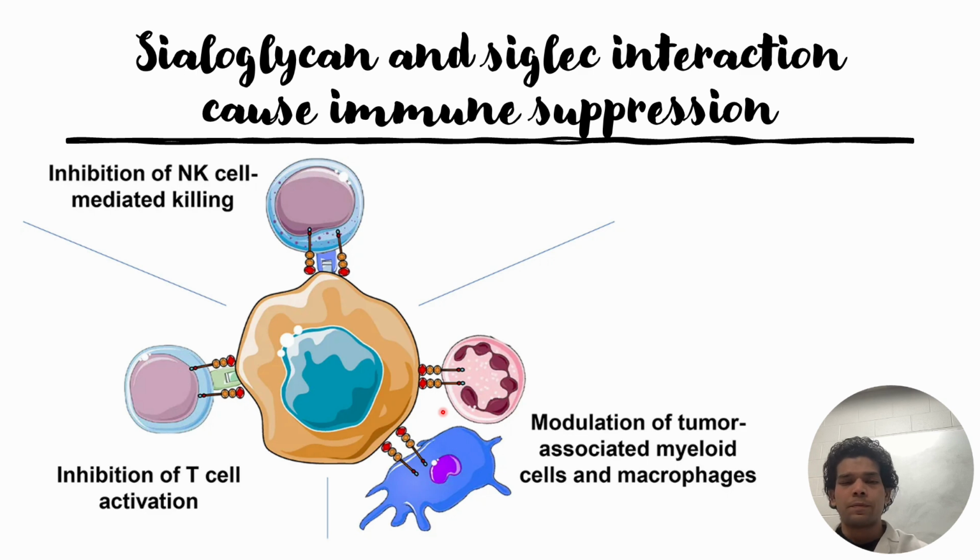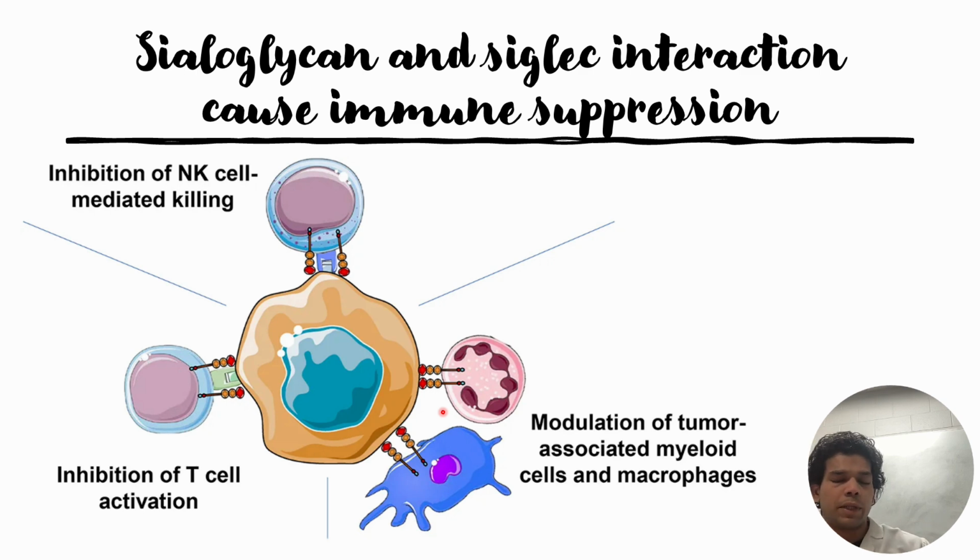In terms of these NK cells, two Siglecs, Siglec-7 and Siglec-9, are expressed.